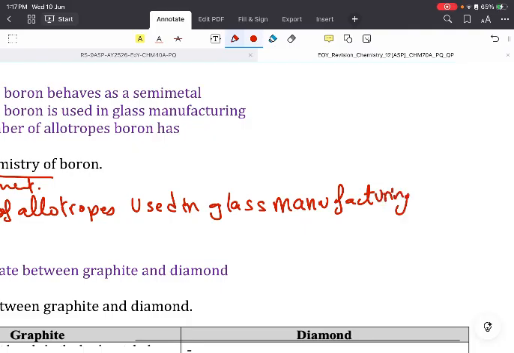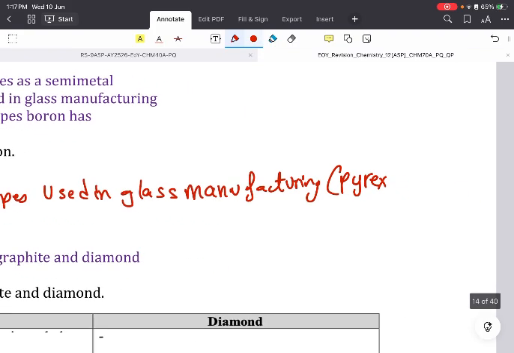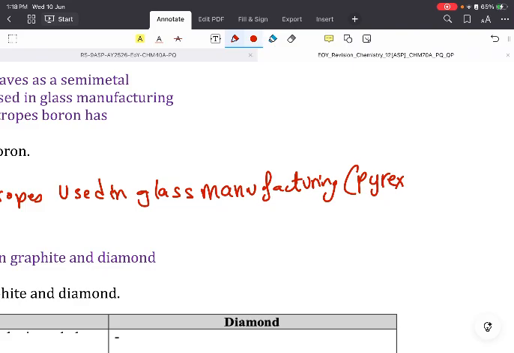For example, in the lab, we have beakers and glasswares. All of these glasswares are made from pyrex, and pyrex is the borosilicate glass, which contains boron.